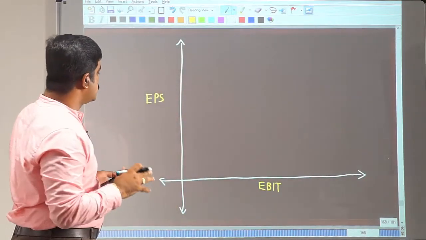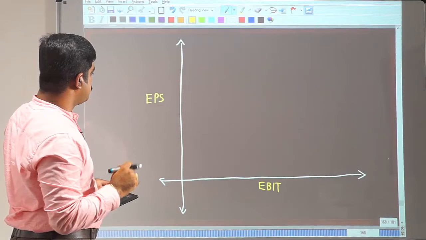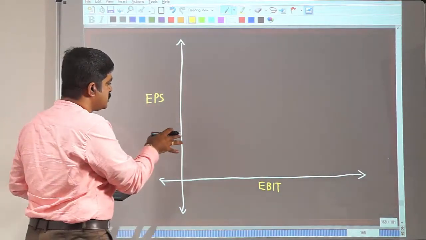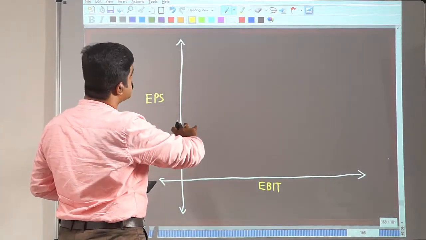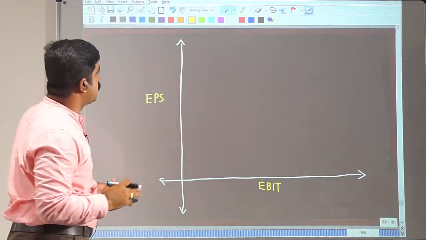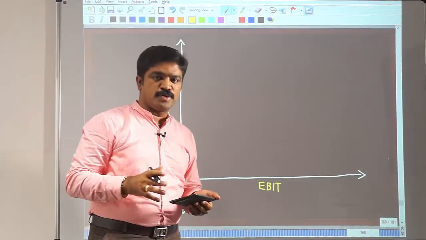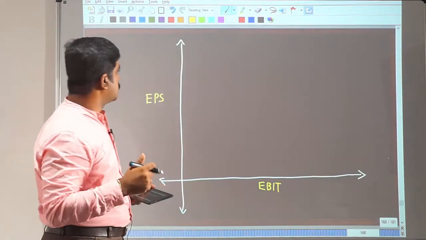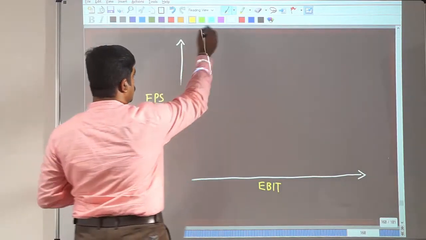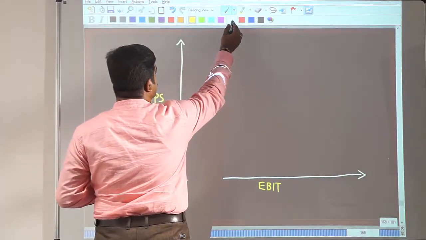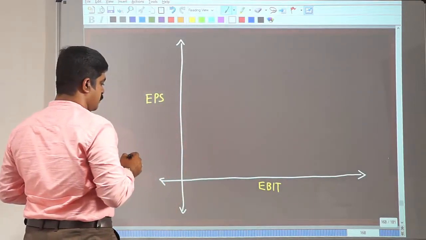So how this indifference chart actually works is, we'll try to showcase all the capital structure options available. If you take the present problem itself, you have 3 capital structures. So I'll try to capture each and every capital structure.